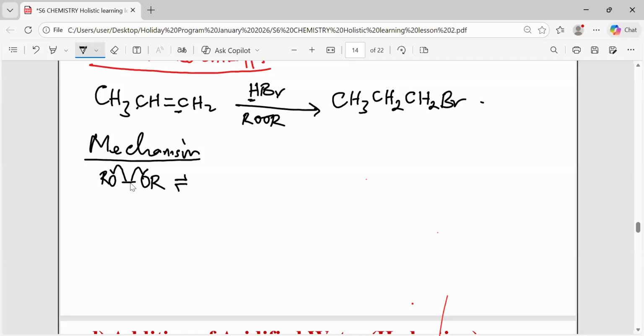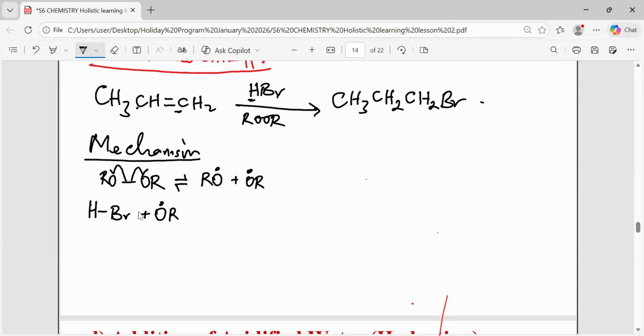Because a bond has a pair of electrons, when they break, this one goes with one electron, and this one also goes with one electron. And then, since we have HBr, hydrogen bromide, it is going to combine with one of these products that we have here.